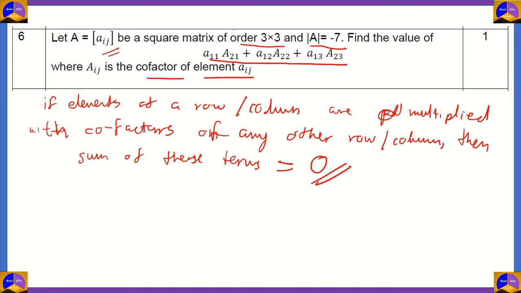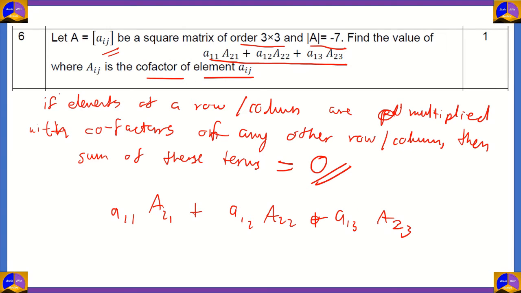Now, you just need to check it out here. A11 is the element of the first row, and capital A21 is the cofactor of the second row and the first term. Similarly, A12 times capital A22, A13 times capital A23. So as you can see, all the cofactors are from the second row and all the elements are from the first row.